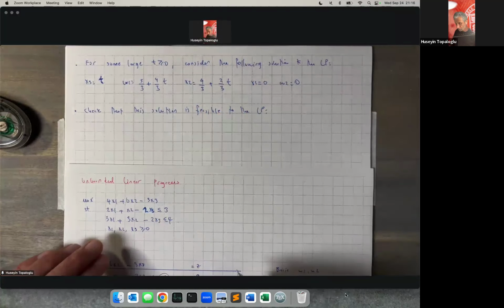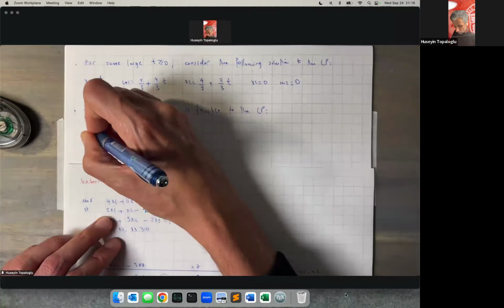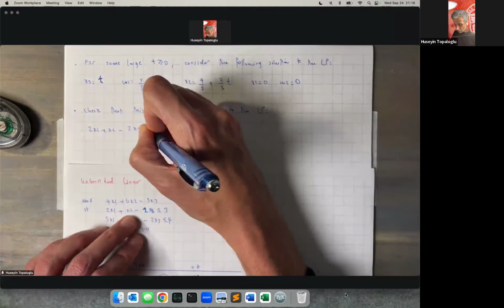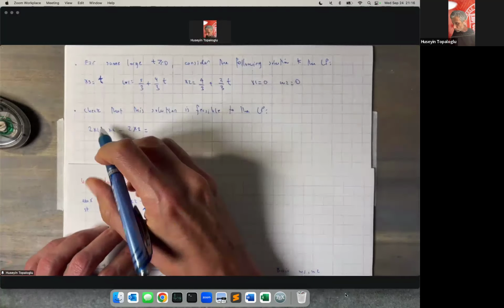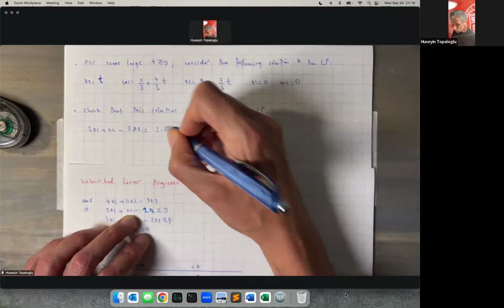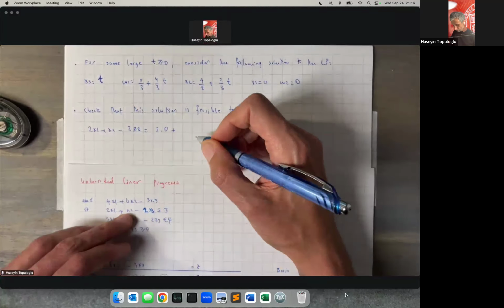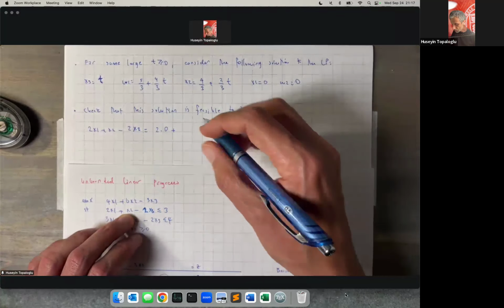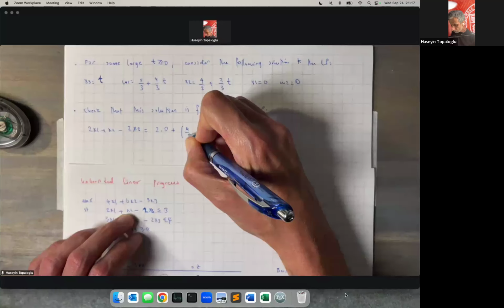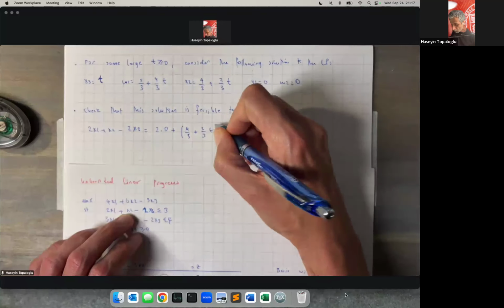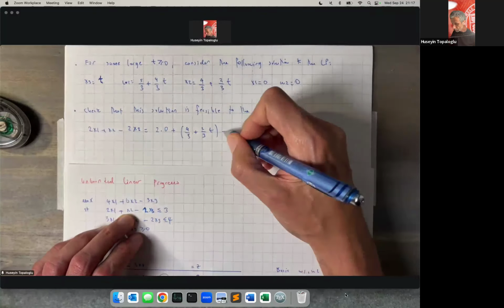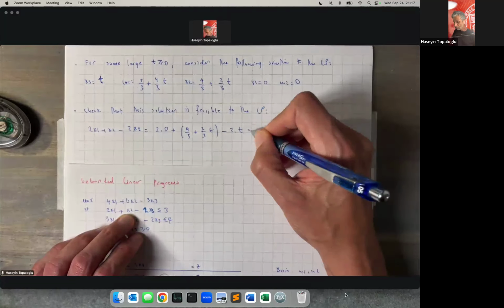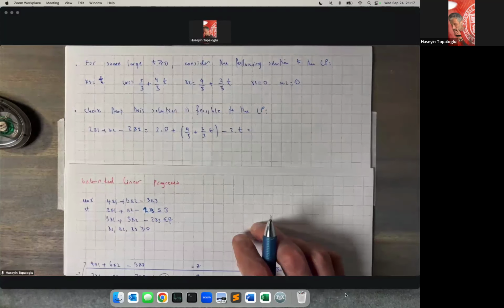Let's check the constraints of this linear program at this solution. 2 times x1 plus x2 minus 2 times x3. What is it? 2 times x1 is 2 times 0, plus x2. x2 is given by 4/3 plus 2/3 times t, minus 2 times x3, and x3 is given by t.